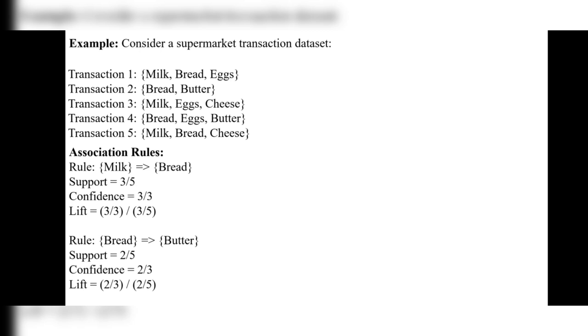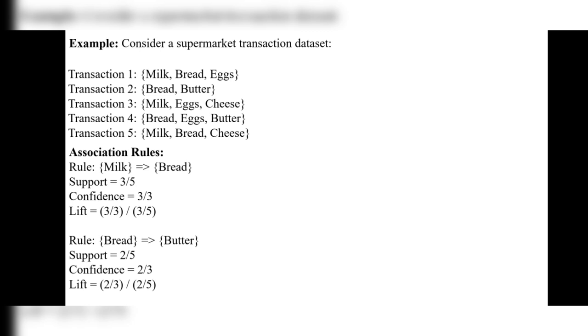And confidence: how many times the bread appeared along with the milk means 1, 2, 3. 3 by 3. So lift is nothing but comparing both the frequencies of the milk and bread together. 3 by 3 divided by 3 by 5. Then we'll get an answer, which is how many persons are buying bread along with milk. Okay, you will get the answer.